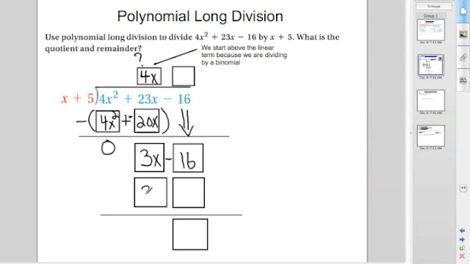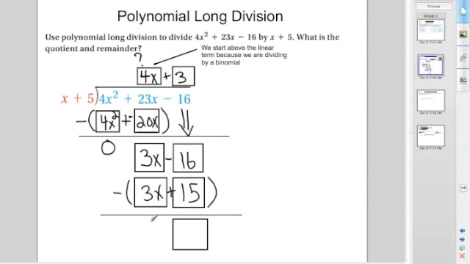And remember, we're subtracting. So what times x gives us 3x? Here, it's going to be positive 3. So 3 times x is 3x, 3 times 5 is 15, and this is going to be positive 15.